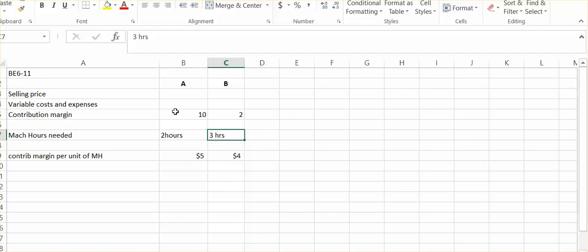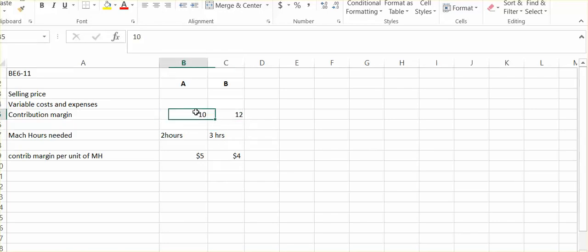So that means that we can't just go with A right off the bat. We have to first see how this increased number of resources that are needed for each product affects this analysis.